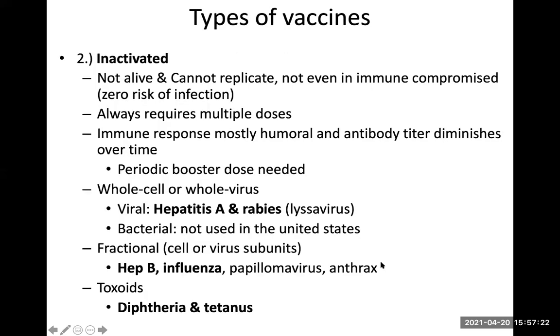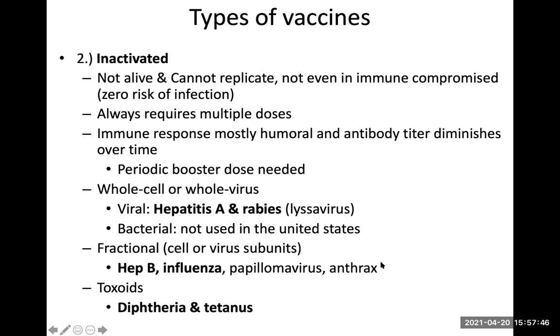Now, a lot of inactivated vaccines are completely dead. They're not able to replicate at all. Not even in immune compromised people. There's zero risk of infection for all people. Because they're not alive, it's always going to require multiple doses to get a strong enough immune response.